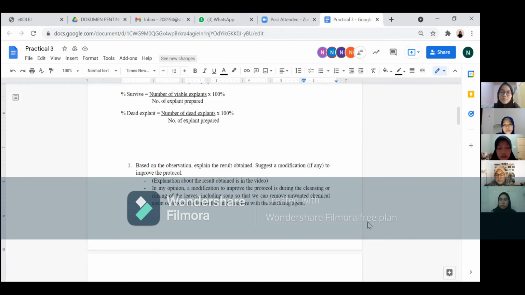And second, we can also frequently add a surfactant, that is Tween 20, to the sodium hypochlorite, also to increase the contact between the explant and the disinfectant agent. Okay, that's all. Thank you, Haniza.